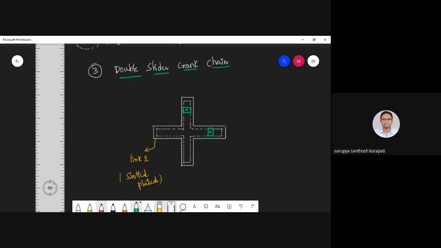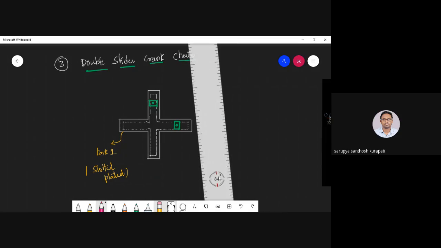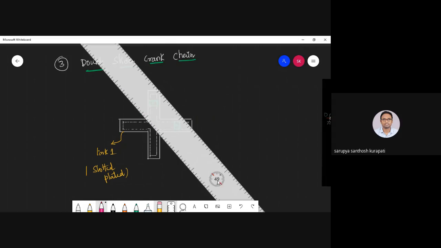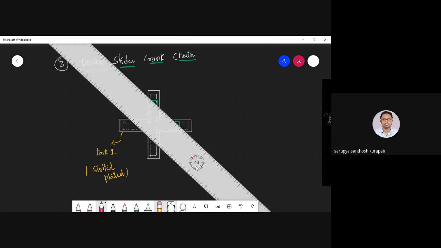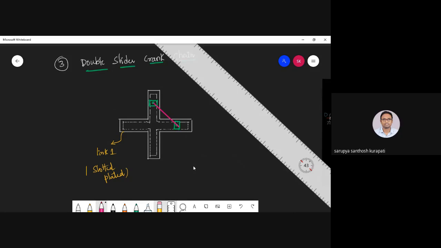So here I'm connecting a link to these two sliders. The link connected to both the sliders I'm naming link number 2, one slider is link number 3, and another slider is link number 4.